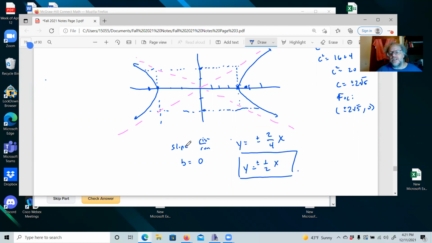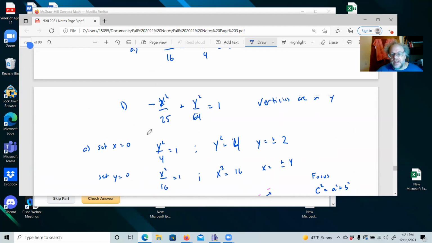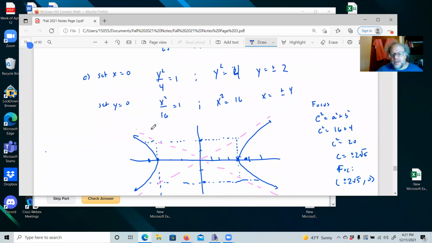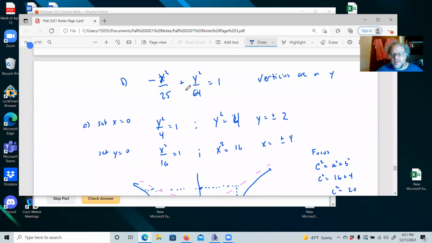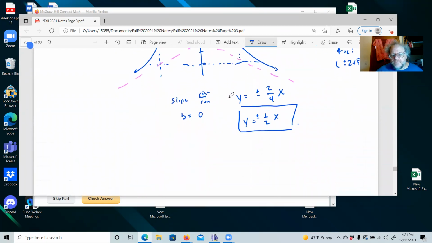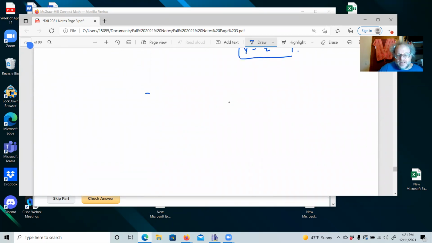What if it goes in the other direction? What about part B? Part B, okay, we have 25 and 64. Well, we have x squared over 25 plus y squared over 64.